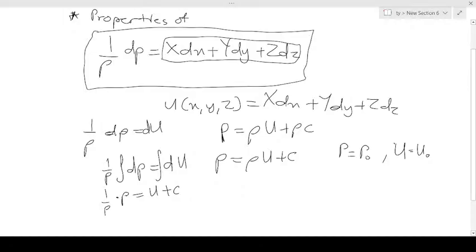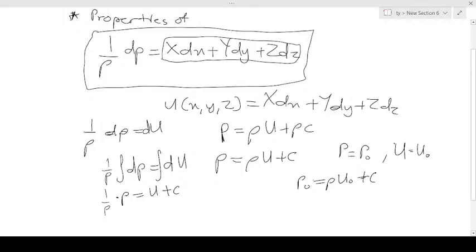We can now say P naught is equal to rho u naught plus c. So these P naught and u naught, we can say they are external parameters in terms of pressure, right?